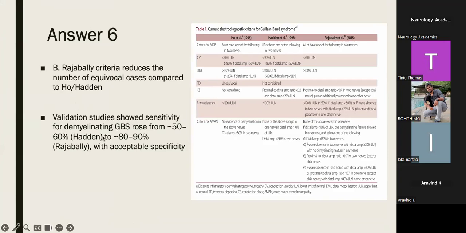Later validation studies have shown high sensitivity, 80 to 90 percent, when compared to 50 to 60 percent with the Hadden and Ho criteria.